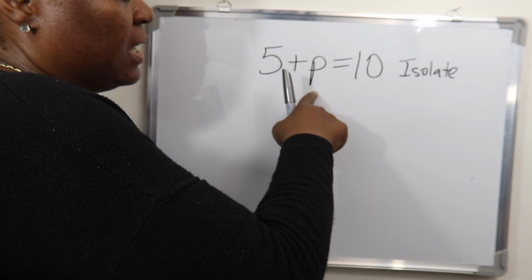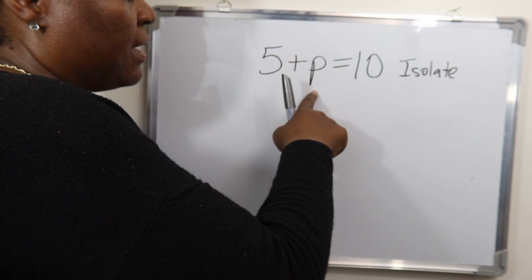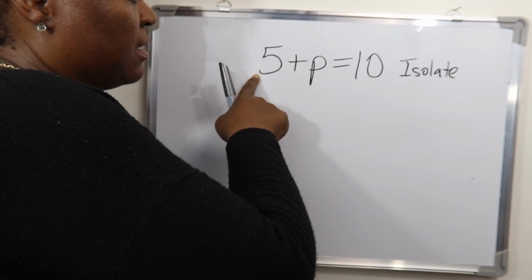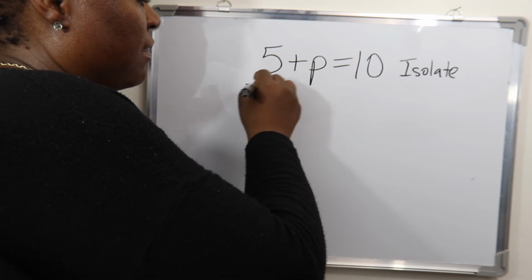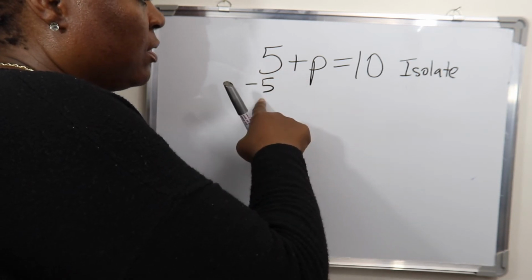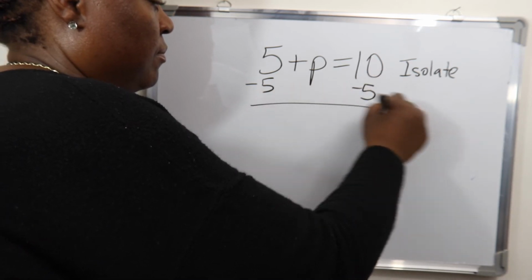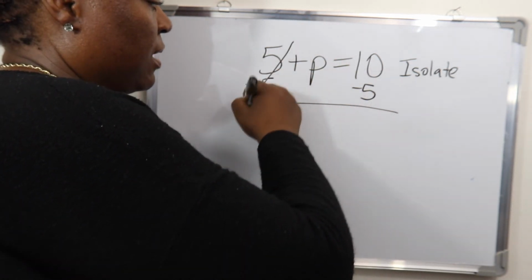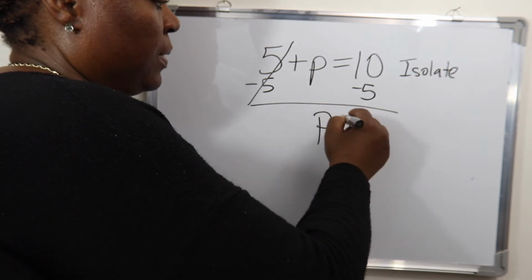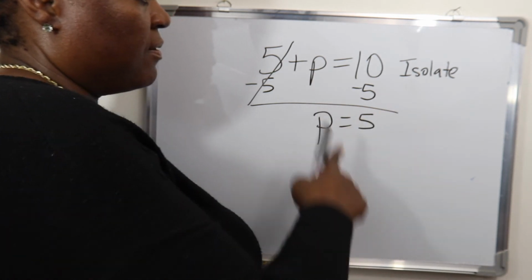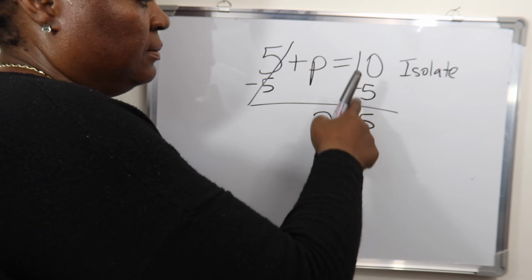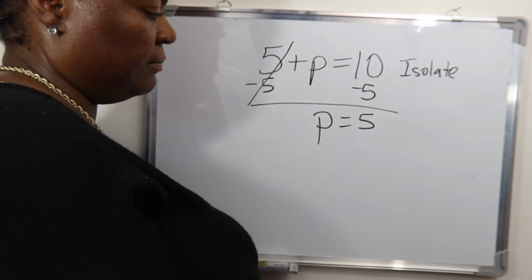The 5 is keeping p from being all by itself. So the opposite of positive 5 is negative 5. What we do on the left, we have to also do on the right. That becomes 0. So p equals 5, because 10 minus 5 is 5.